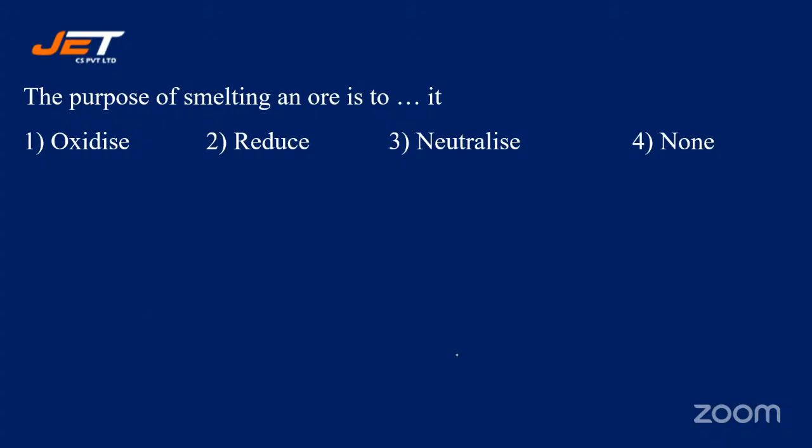Navtej has mentioned it as option 2. Dastagir has mentioned it as, still it is aluminum. Pranita has mentioned it as option 2. Taranam, aluminum still. Dastagir has mentioned it as option 2. Swikruti, option 2. So most of you are mentioning it as reduction. Good. So smelting is a process which involves reduction of metal oxide into metal using a reducing agent.